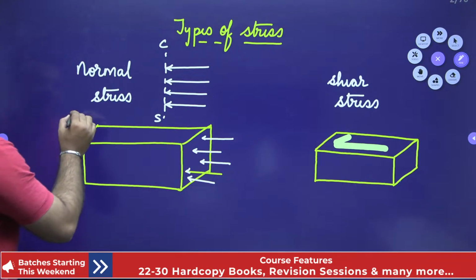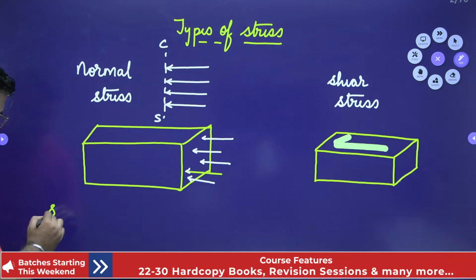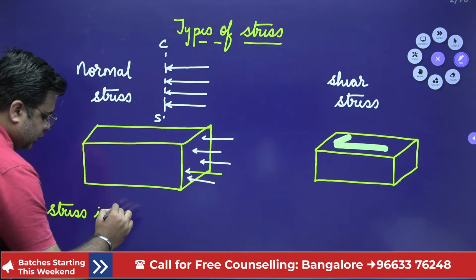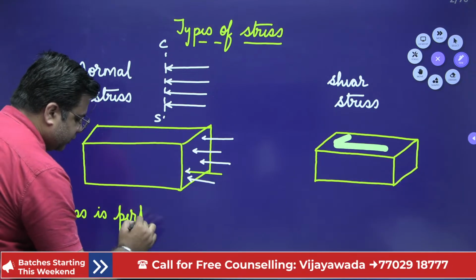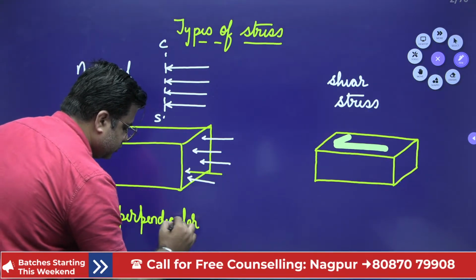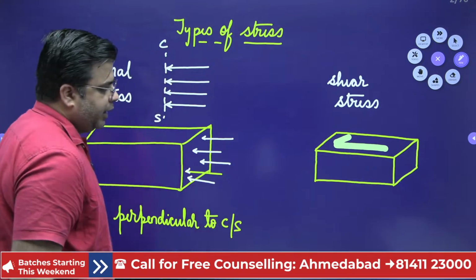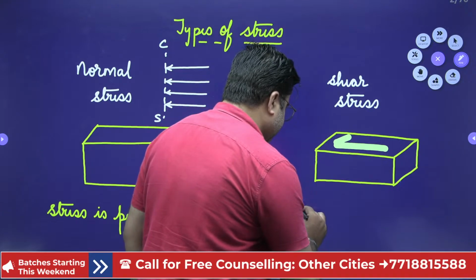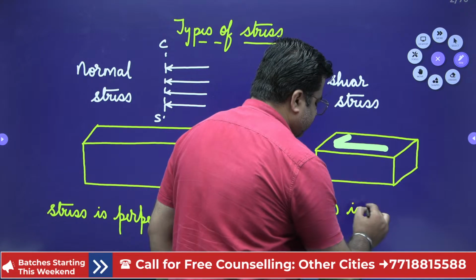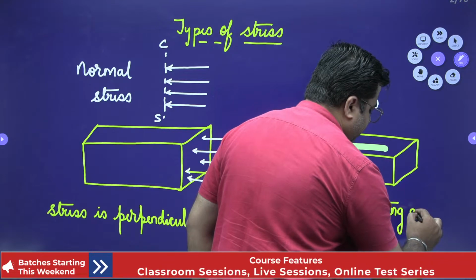So for normal stress, the stress is perpendicular to the cross section, right? And in shear stress, the stress is acting along the cross section.